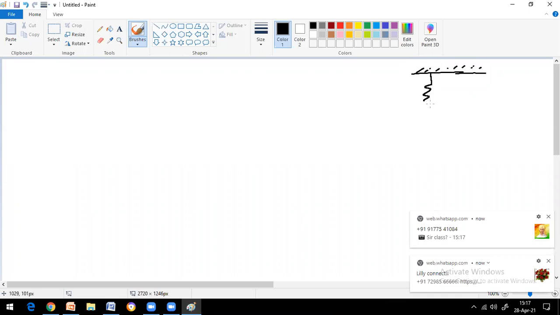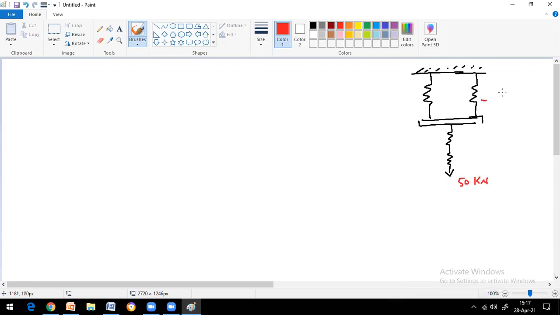Two springs are connected to a bench, and another 2 springs are connected in series with a load of 50 kilonewton. Here you can see springs which are connected in parallel, and here 2 springs which are connected in series. So this is spring 1, spring 2, spring 3 and spring 4.